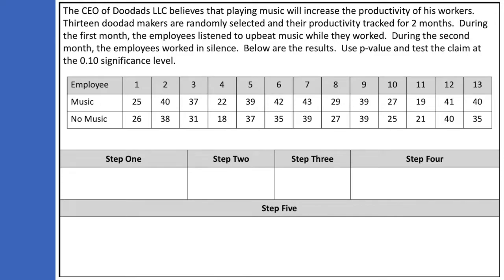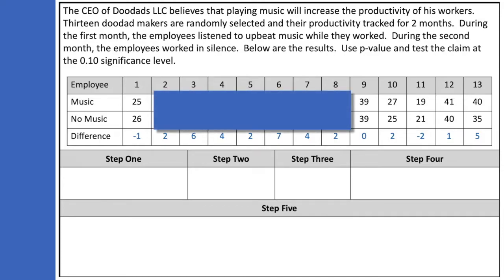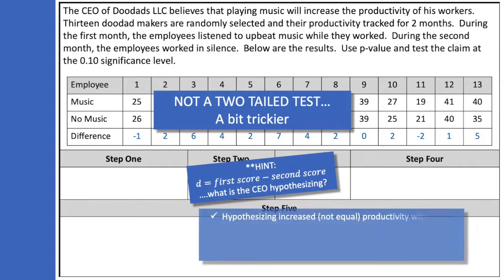So again, first thing we need to do is find the differences. We have a bit of a problem though. This is not a two-tailed test. And if it's not a two-tailed test, then setting up the hypotheses is a bit trickier. So here's a hint, and this is what I want you to ask yourself. If d is the difference, that means it's the first score minus the second score. So what is the CEO hypothesizing?